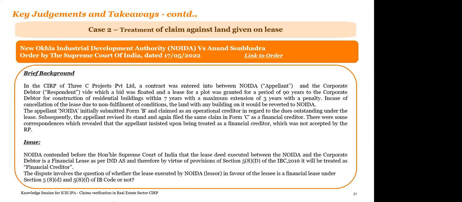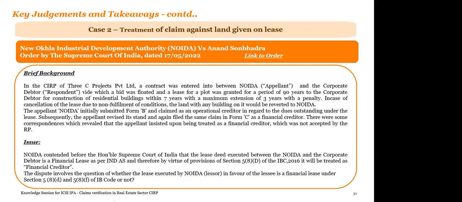They filed their claim again in Form C, and contested that they are a financial creditor and not an operational creditor. This Form C was not accepted by the resolution professional. He said that Noida is an operational creditor, and the Form B, which was filed initially, is liable to be accepted.